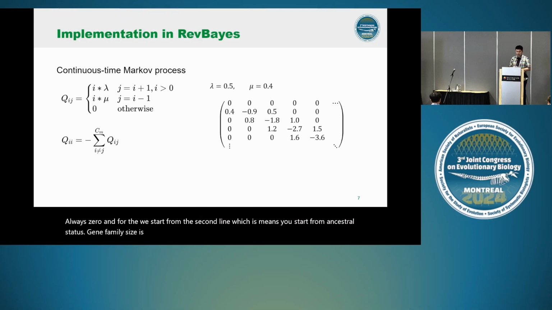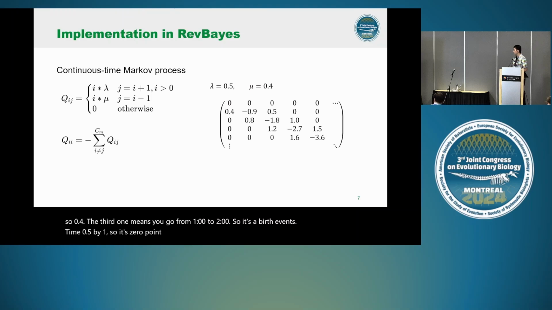The first element in this line is going from 1 to 0, which means you lose 1, the death. So it's 0.4 times the ancestral value, so it's 0.4. The third one means you go from 1 to 2, so it's a birth event. You just multiply 0.5 by 1, so it's 0.5.